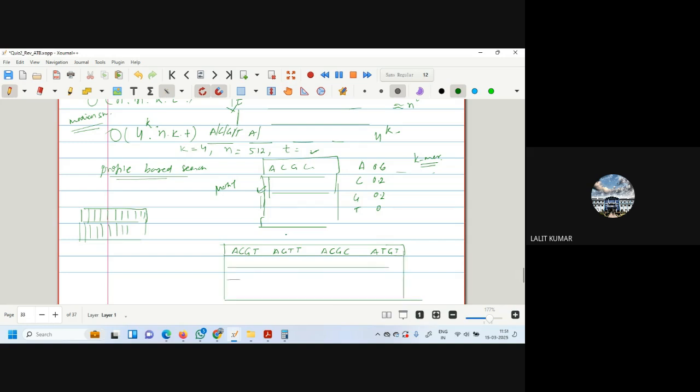Now I pass this profile one by one. When I pass the profile, I will get the probability for this, I'll get the probability for this, and whichever is giving me the best score, I will keep that k-mer. Similarly, I will do in the second, I will do in the third, I will do in the fourth.